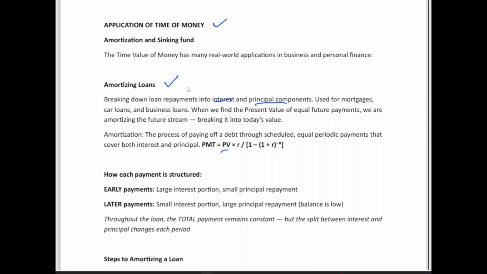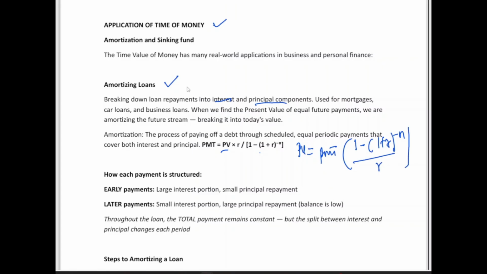1 minus (1 plus your interest) to the power minus n. So it's the same formula, like we are using the present value formula. We know that our present value is equal to our periodic payment times (1 minus (1 plus r) to the power minus n) all over r.